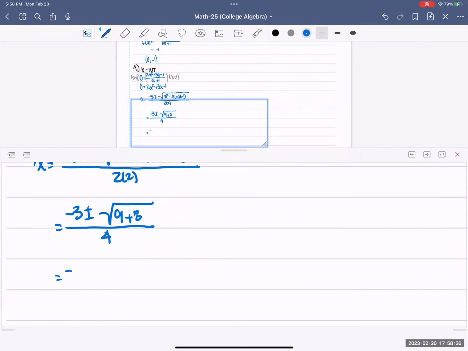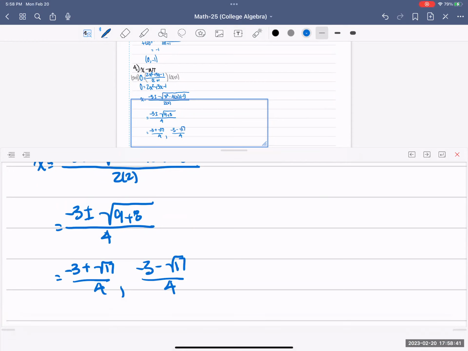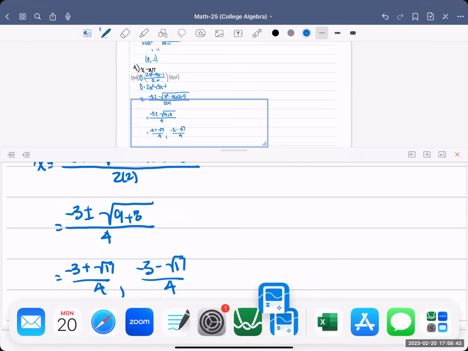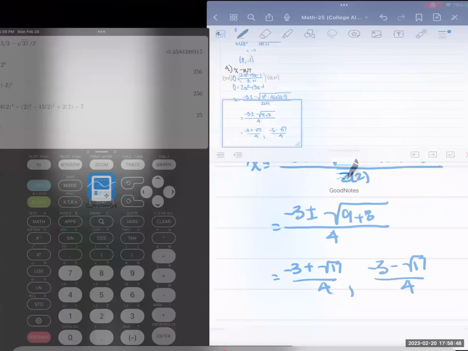So this equals -3 plus root 17 over 4, and -3 minus root 17 over 4. Let's plug it in to see what those actual values are.